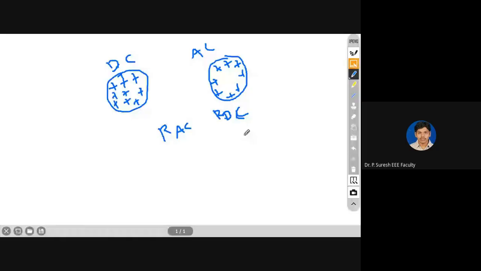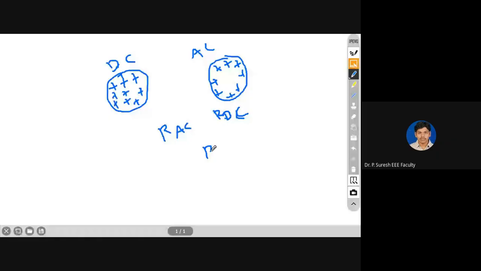Regularly they ask in interviews: why does resistance in AC differ from resistance in DC? Anyone heard about that? RAC is equal to 1.5 times the RDC. AC resistance is 1.5 times the resistance of DC.